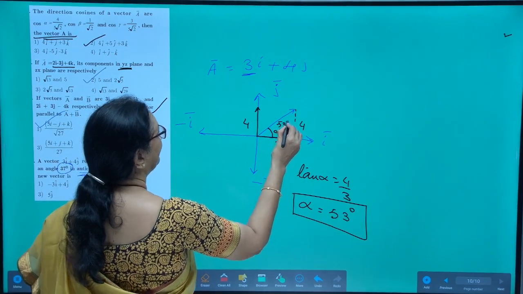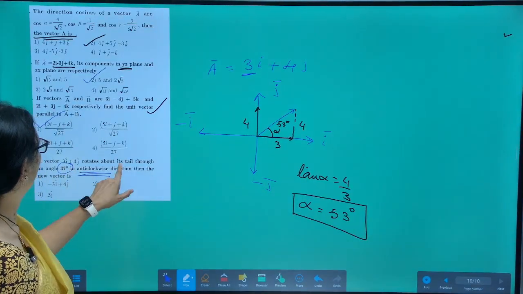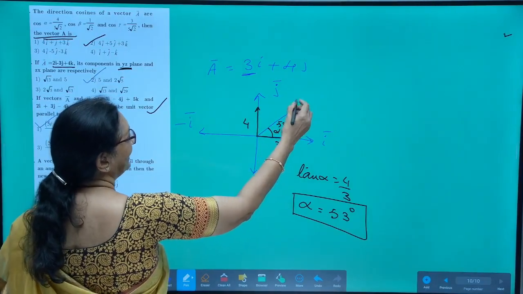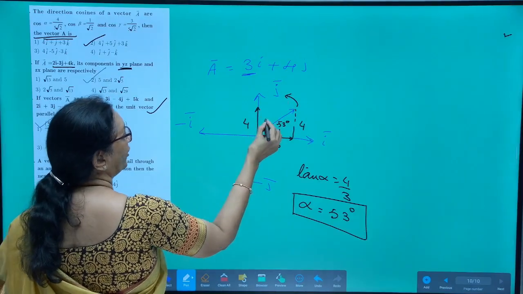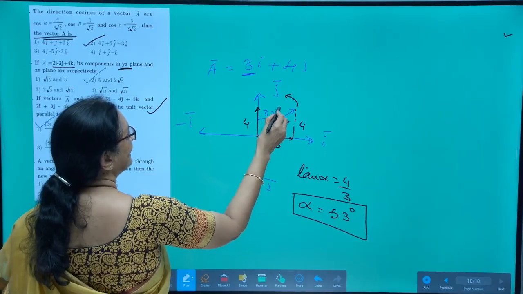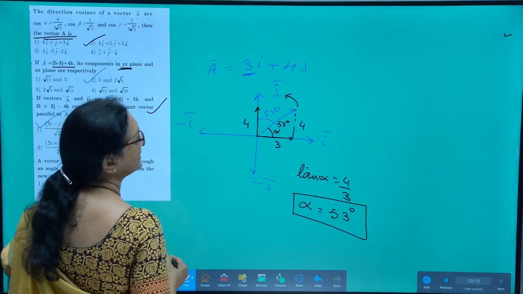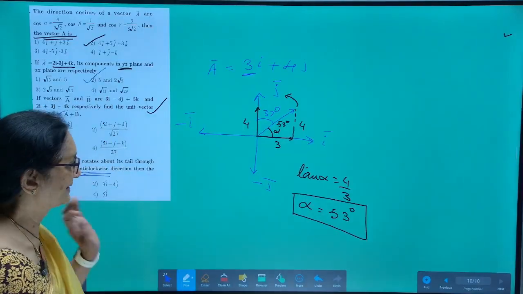This angle is 53. Now, it is rotated about its tail through an angle 37 degrees anti-clockwise. If you see, 53 plus 37 becomes 90. So, now it will be along the y-axis.